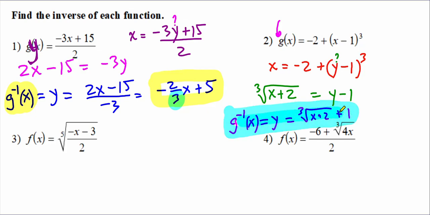And so this function right here is the inverse of this. And in this case, you can very clearly see how they interact. As an example, for the original function, I have a cube right there, so I'm expecting to see a cube root because that's the inverse operation.